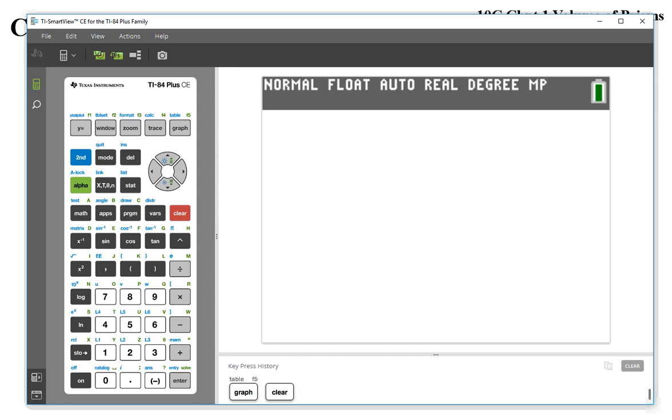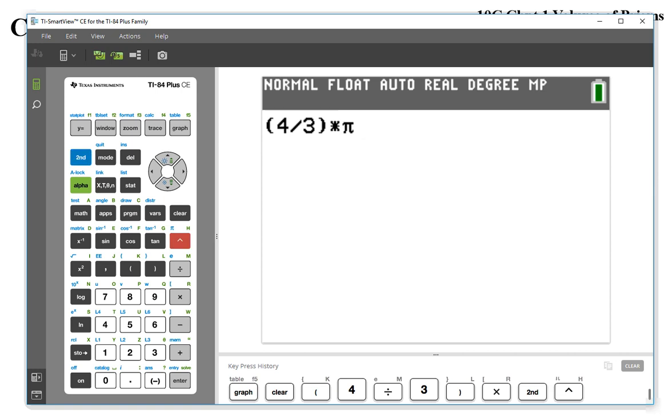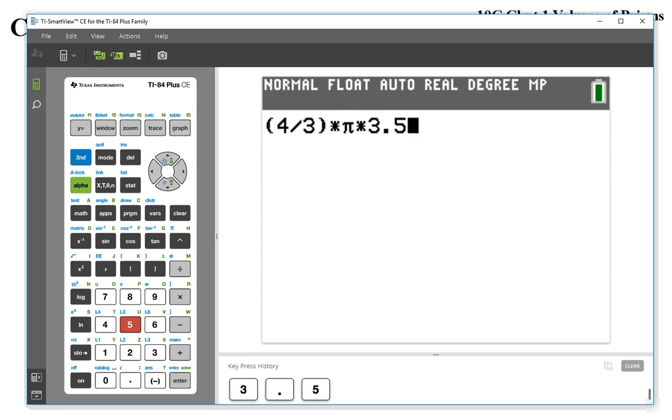Remember, we need to go 4/3 to start. And 4/3 on a calculator, you put in brackets. We talked about this previously. 4 divided by 3, there's our fraction, 4/3. We want to multiply that by pi, second function, and the little arrow exponent key gives us our pi value, not 3.14, but actual pi. And then we multiply that by 3.5 cubed.